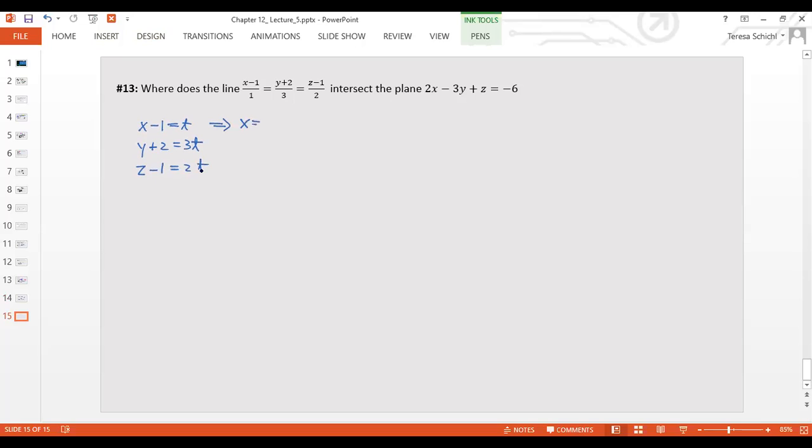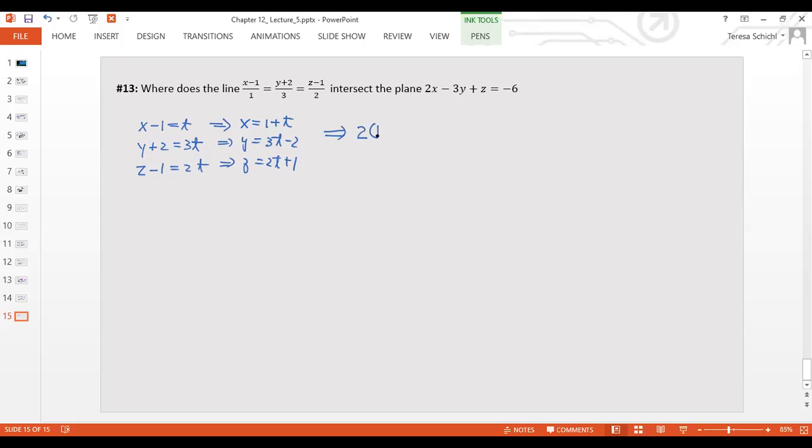Then x equals 1 plus t. Then y is equal to 3t minus 2. Then z is equal to 2t plus 1. Okay, so if this line intersects the plane, that means whatever x, y, z I have has to satisfy this plane equation, right?